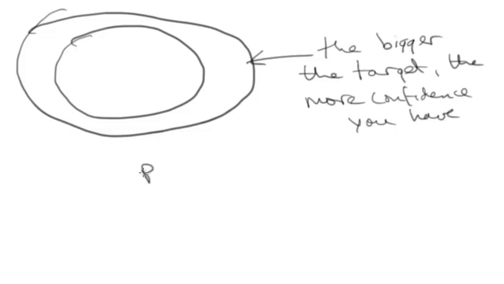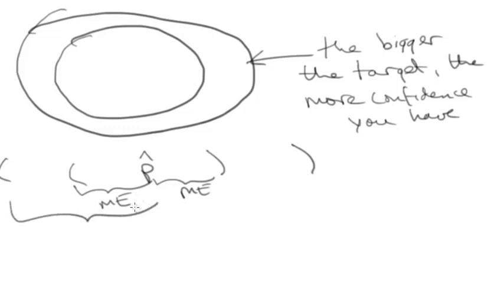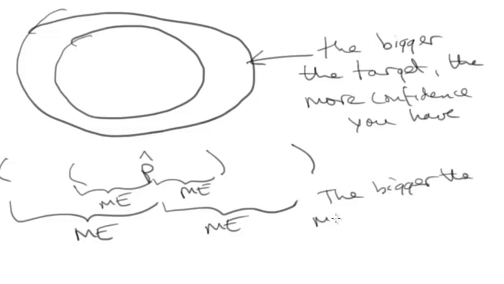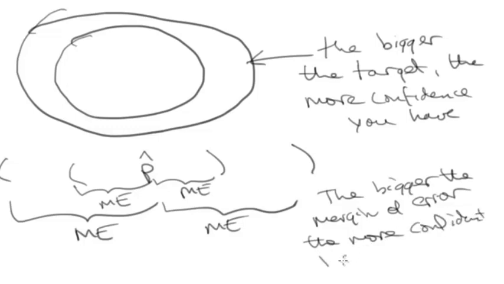Likewise, the bigger the window, say I've got p hat here, if this is my margin of error, I don't have much wiggle room. Or I could have this be my margin of error. The bigger my margin of error, the more confident I am that it contains the parameter.